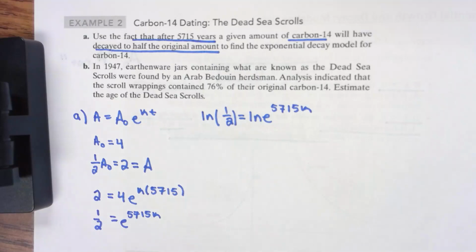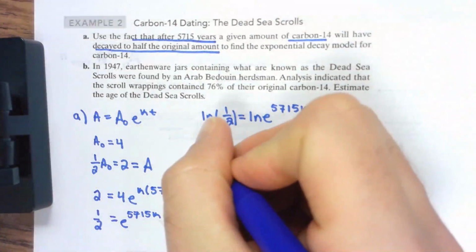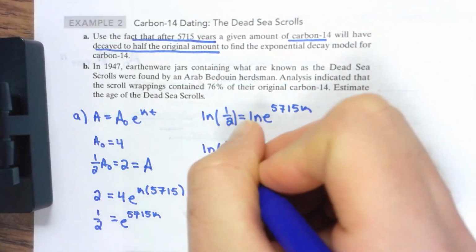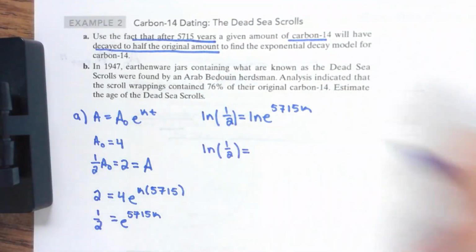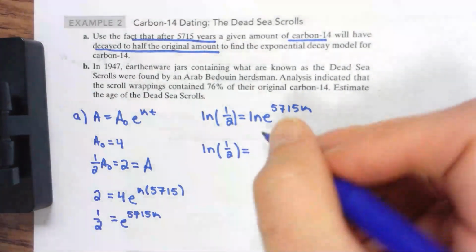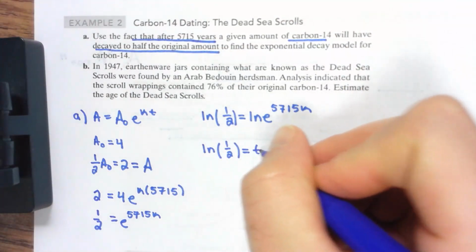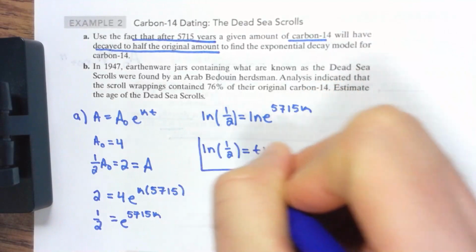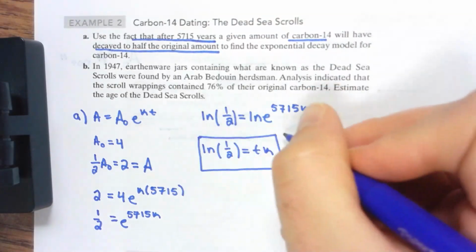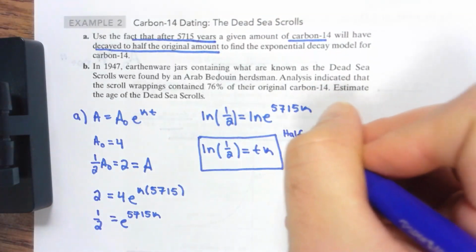Now, just a side note, if you want to memorize and take shortcuts here, your half-life equation is always the natural log of 1/2, and the natural log of e is just 1, and so it's going to equal the time times k. So this is your half-life equation. And that's separate from what we're really doing here.